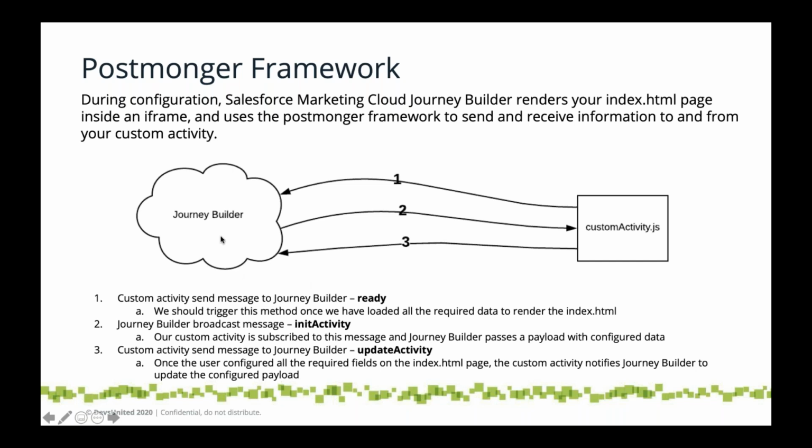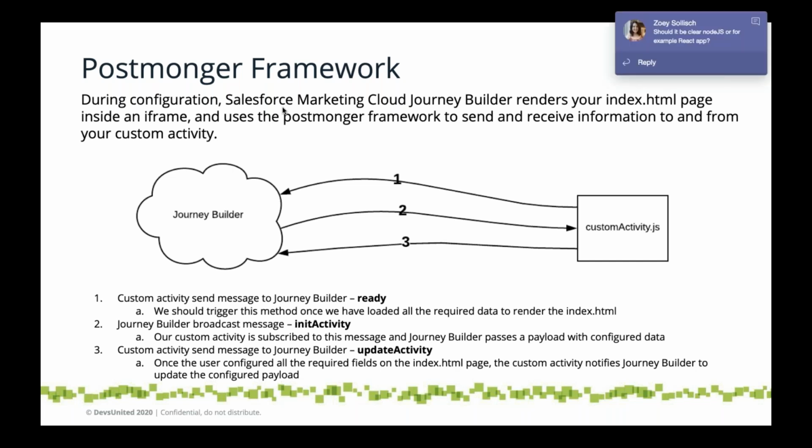Then Marketing Cloud will send a message to your web application, the initActivity message. And that message will contain a payload with some configured data for your custom activity. So you need to be subscribed to initActivity. Postmonger is a framework for events, right? From one side, someone broadcasts messages, but the other side, who wants to receive that message, should be subscribed.